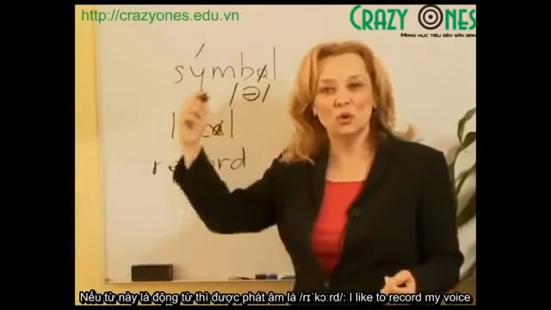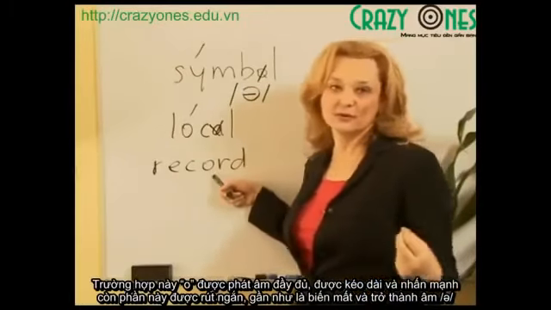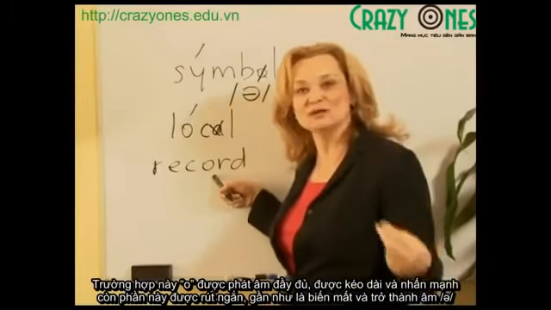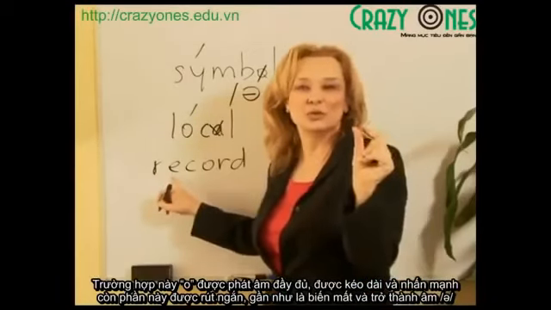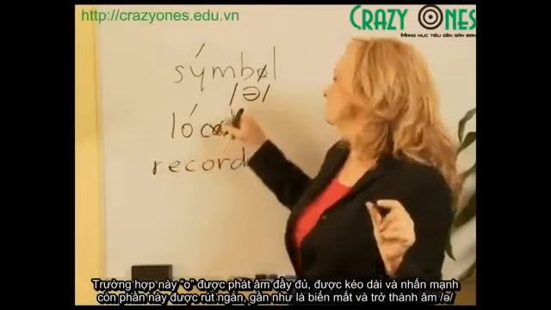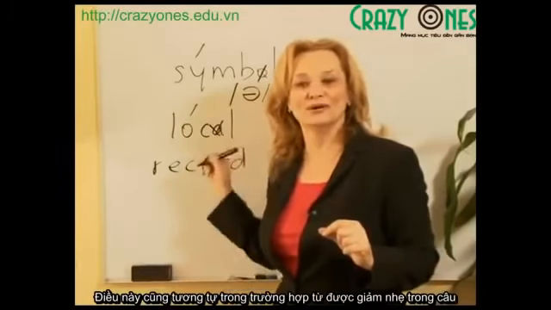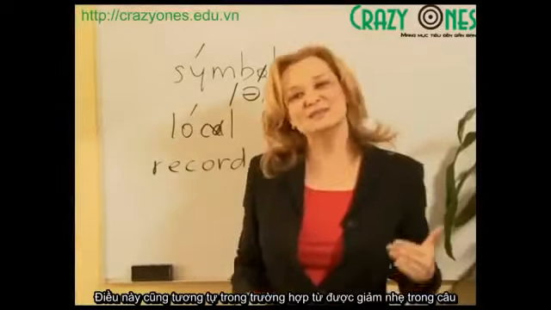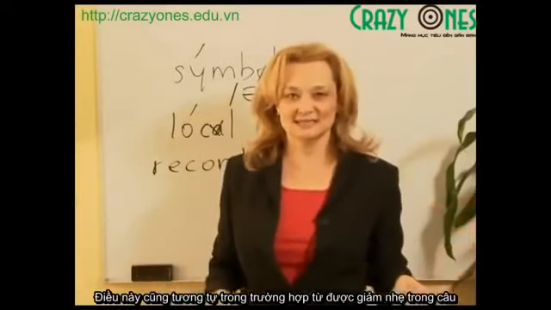I'd like to record my voice. In that case, the O is fully pronounced. It's prolonged and it's stressed. And this part now becomes short. It almost disappears and it becomes the uh sound. Record. The same thing happens when words are reduced within sentences.